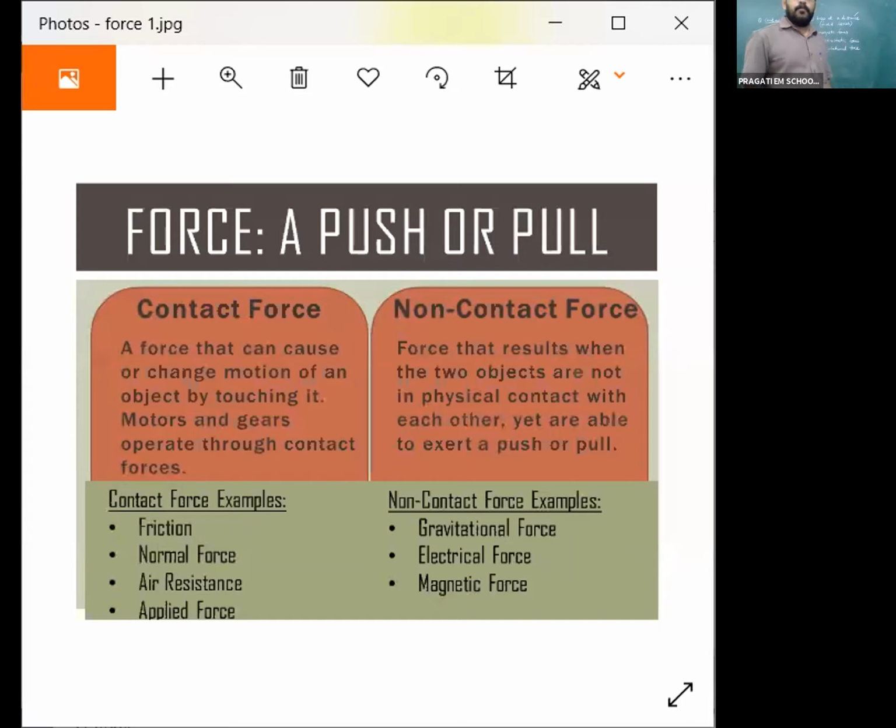Field force, non-contact force, or force at a distance, all are the same. Non-contact force is also called forces at a distance or field forces. Gravitational force, electrical force, and magnetic force are examples of non-contact forces.